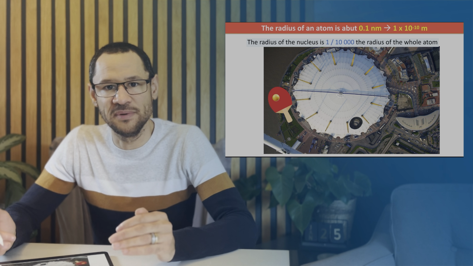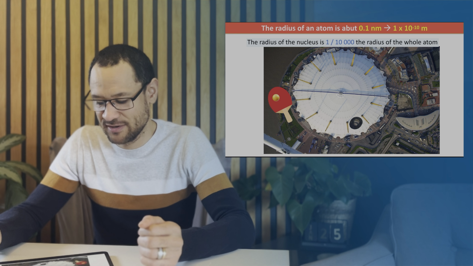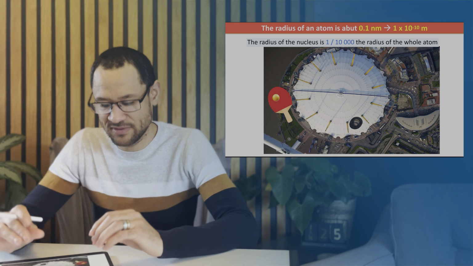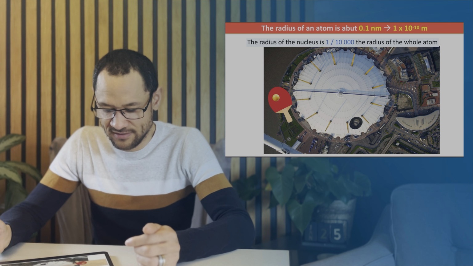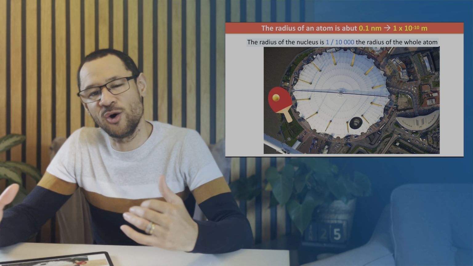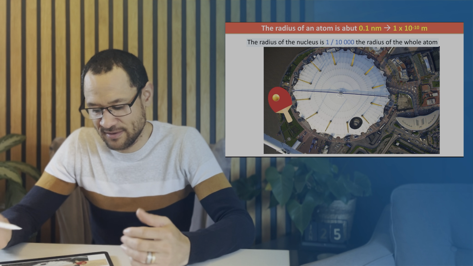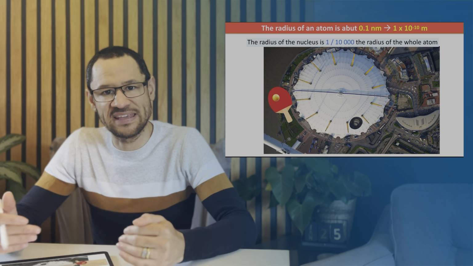You can't see them. And just helping them to appreciate the size difference with a real life example is something that I really think is important. And so I put it in here with the PowerPoint. As you can see, the nucleus compared to the whole size of the atom, putting it in a graphic way really helps the students to take in that information.